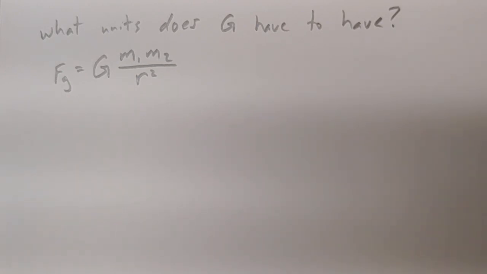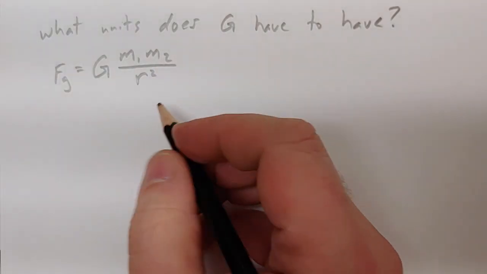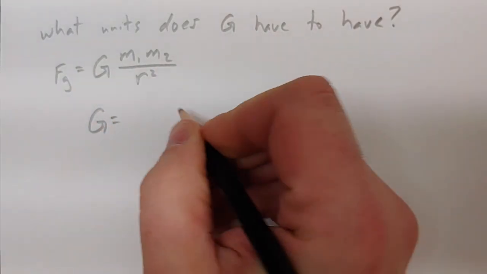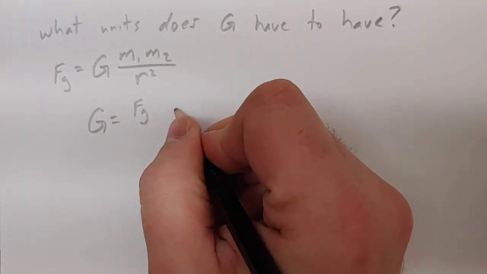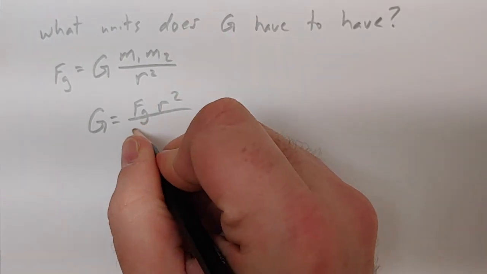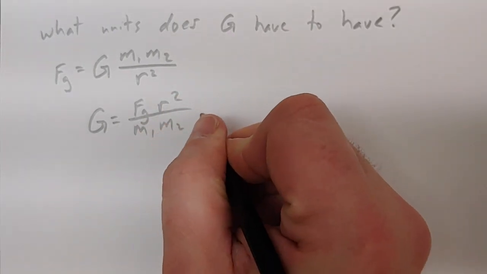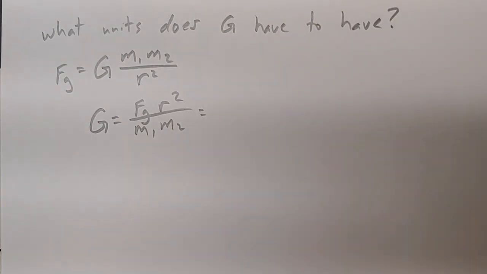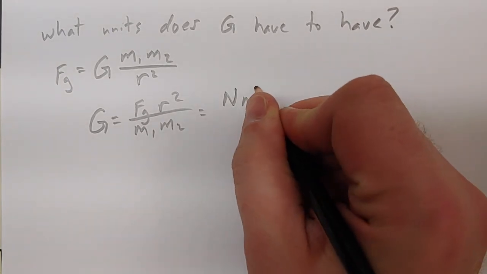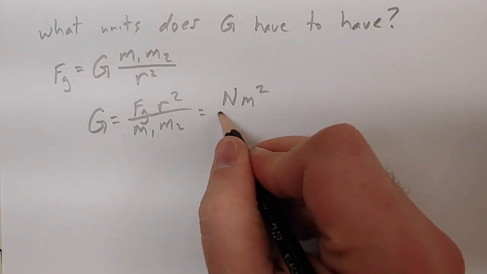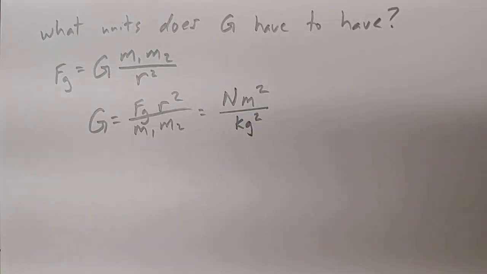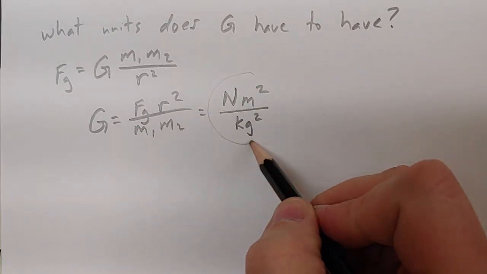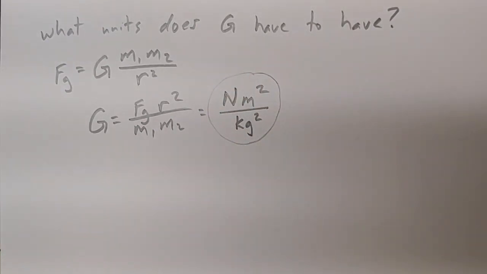Okay, so if we just solve this for big G, we're going to have Fg times the radius squared divided by m1 divided by m2. And so for the units, the force of gravity is, of course, measured in newtons. The radius is measured in meters, so the radius squared is meters squared. And the masses are each measured in kilograms, so m1 times m2 is going to be kilograms squared. We could certainly leave it as newton meters squared per kilogram squared.